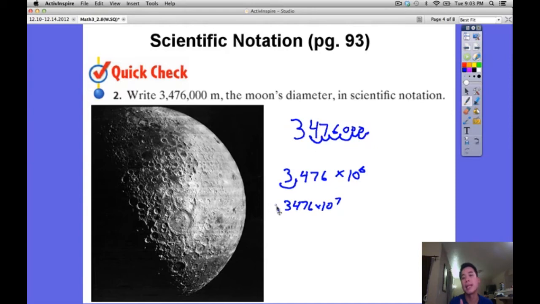When I multiply by 10, I can move it. So you need to move it back, and just remember that I need to have one number in front of my decimal, followed by the other numbers, neglecting the zeros.